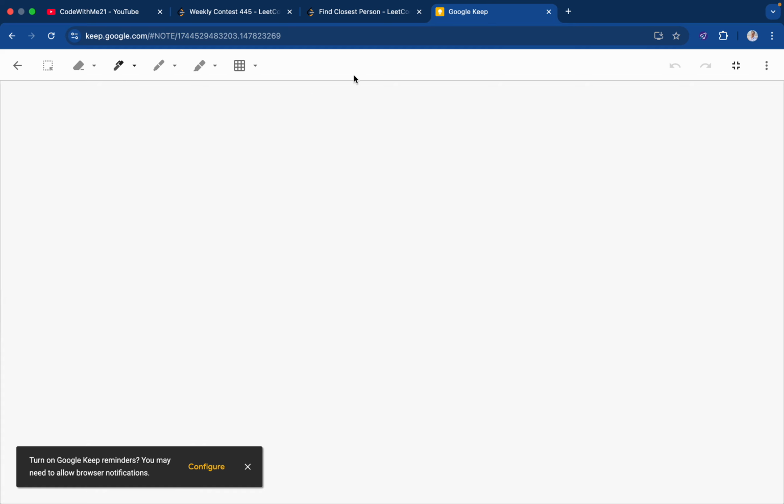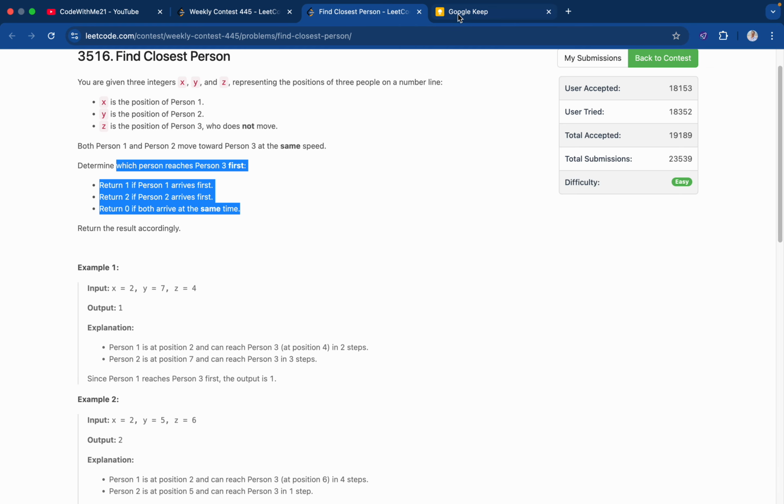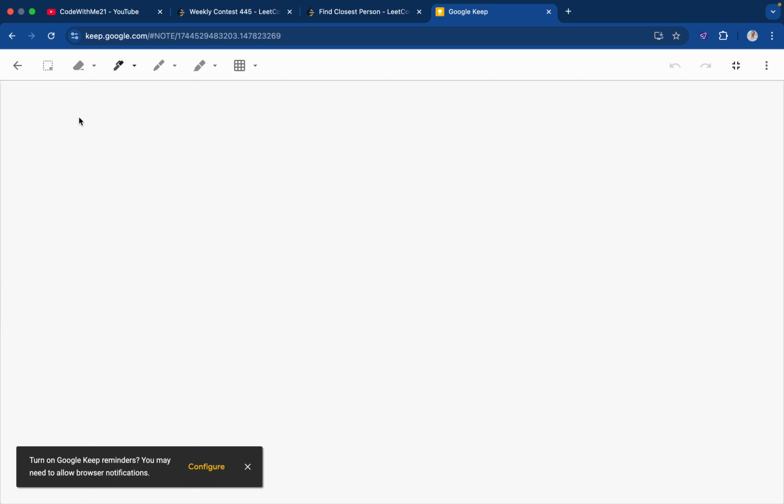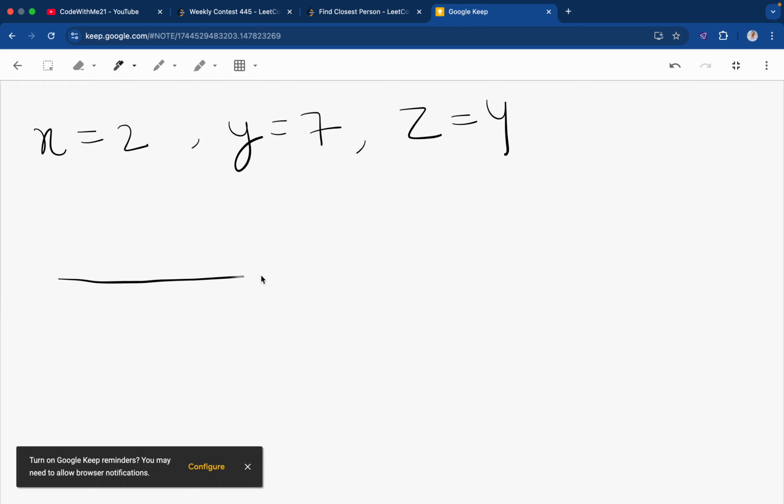And these are the points on the number line. Means x is somewhere here, z is here, and y is here. X is equal to 2, z is equal to 4, and y is equal to 7.